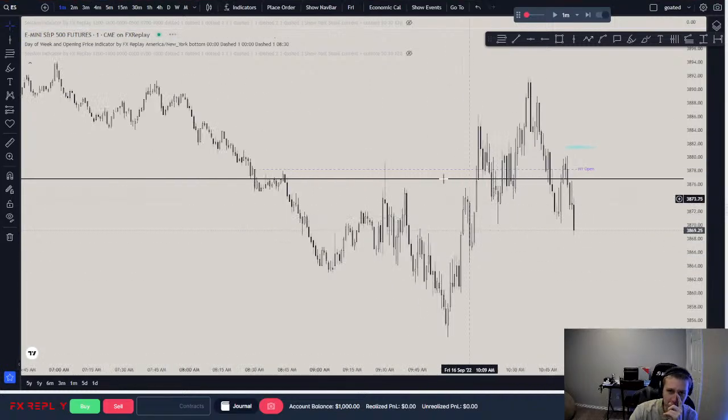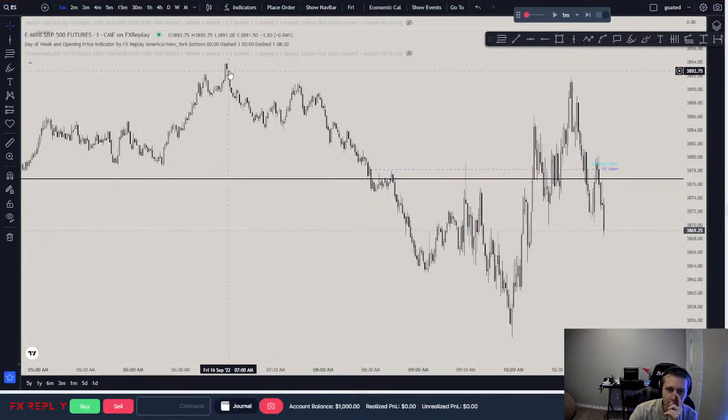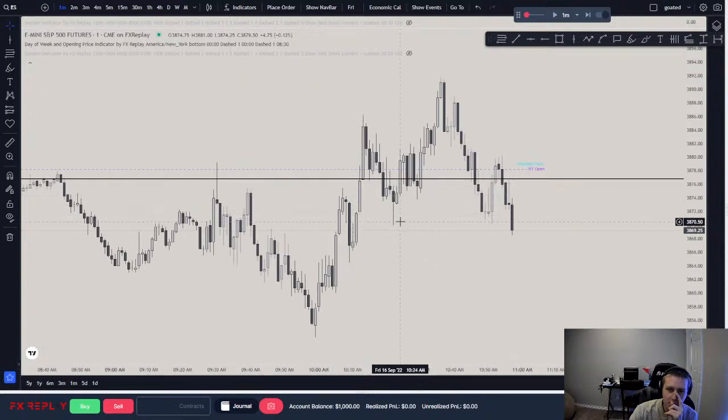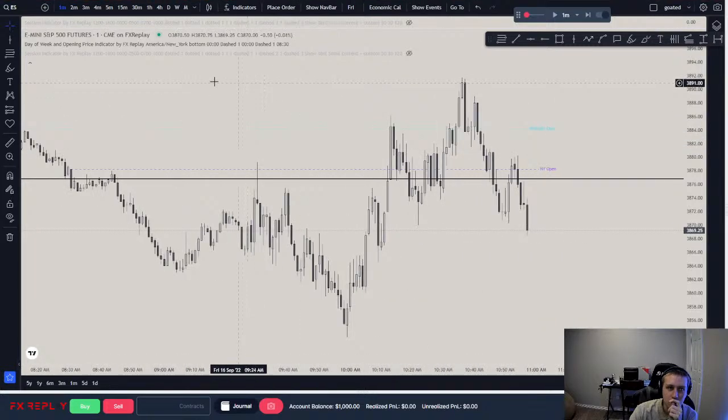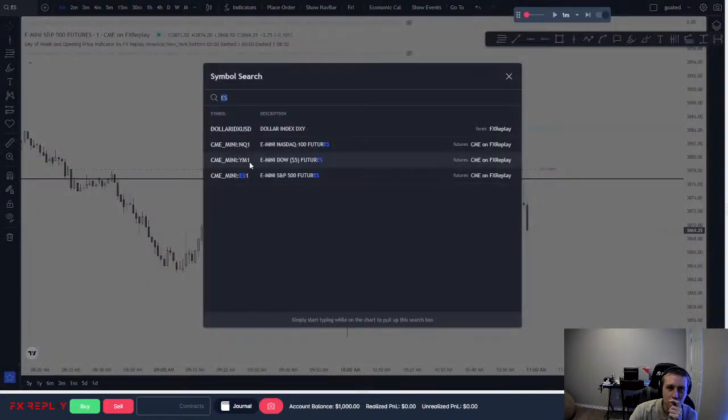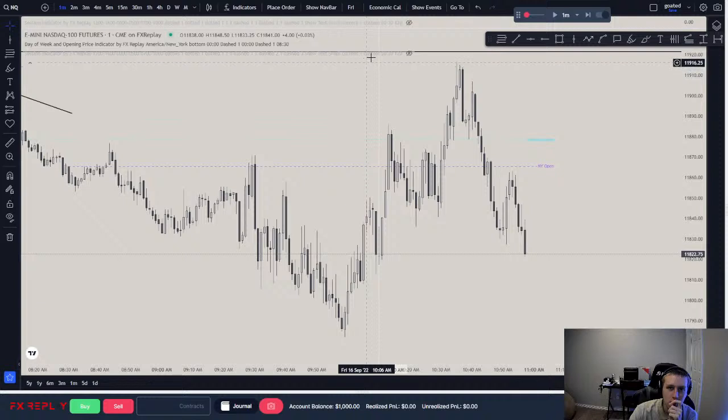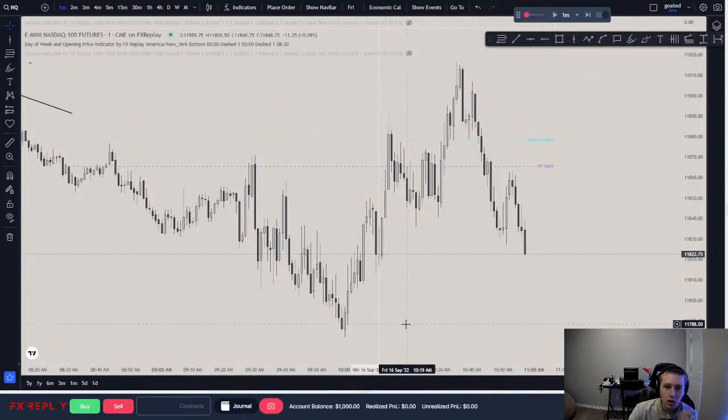ES was the bullish one here. Wait, no, ES did not take that high. ES looks nice here. ES looks manageable. I want to map out the 9:53 and then 10:34.